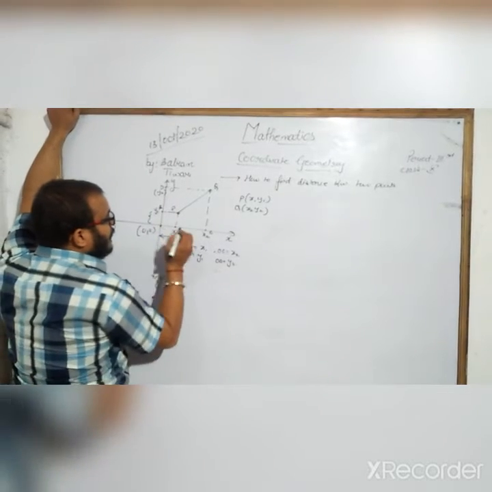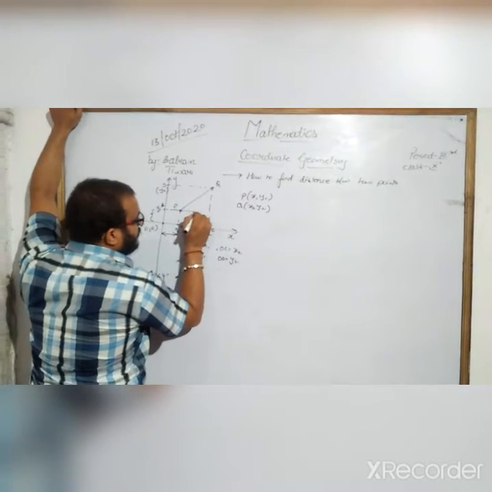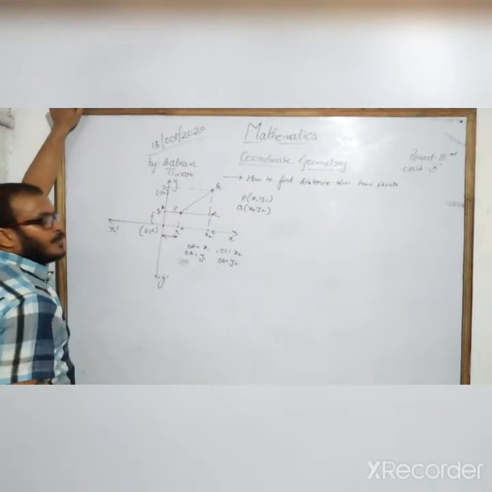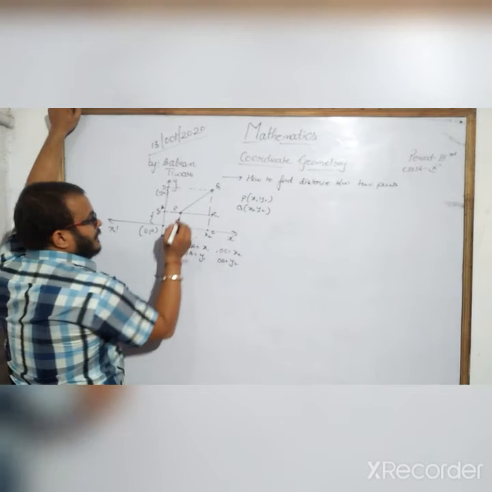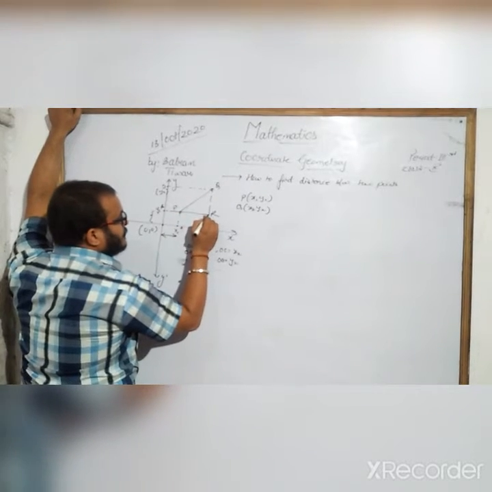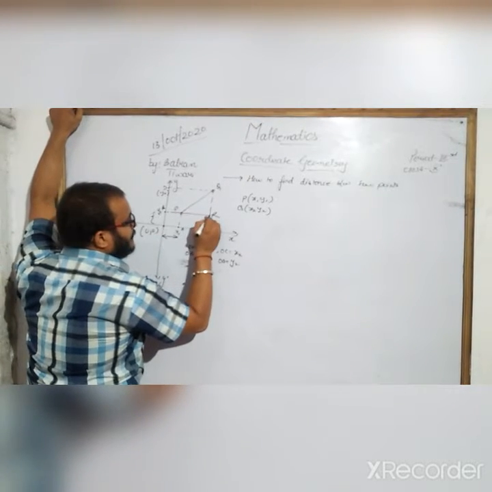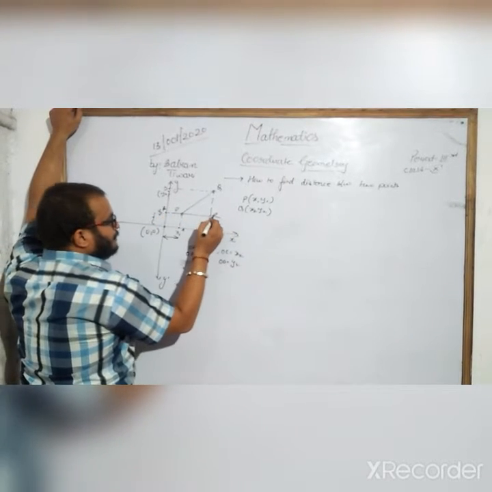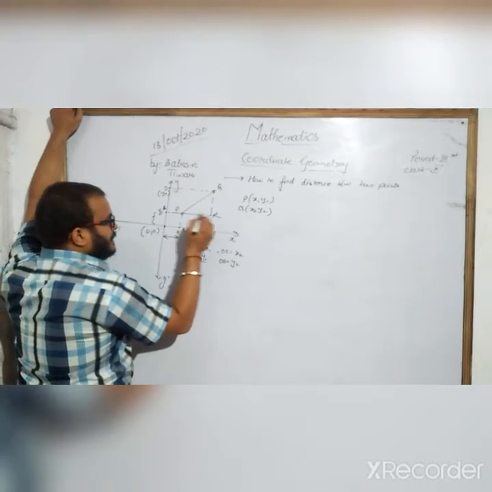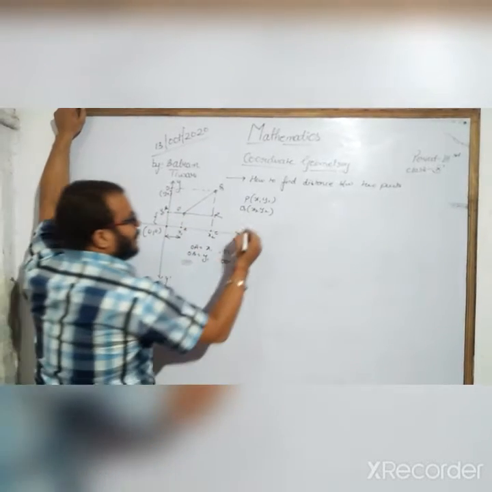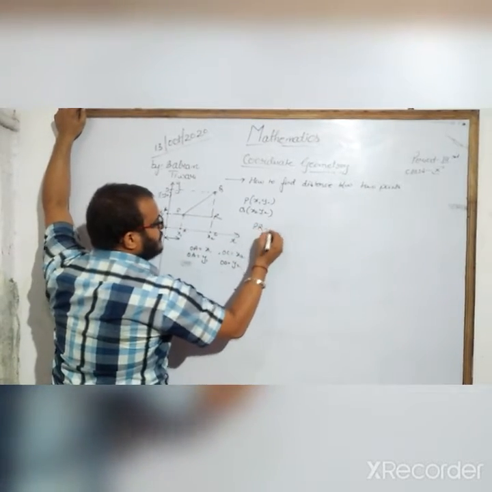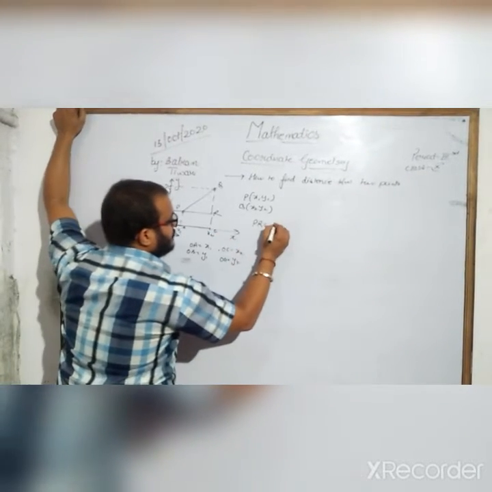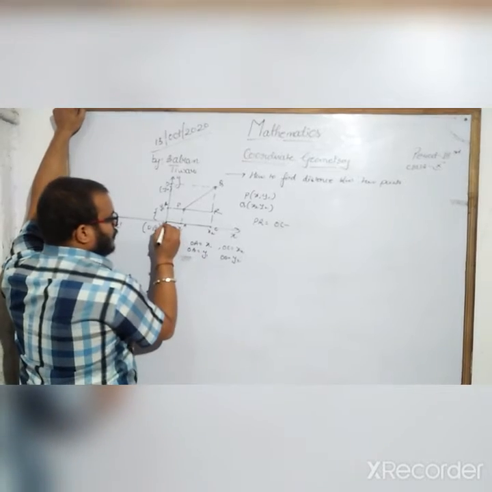Now, by construction we can join this and name the point R. Can we find the distance PR? Yes, PR is RB minus PB, that is, the complete OC minus OA.